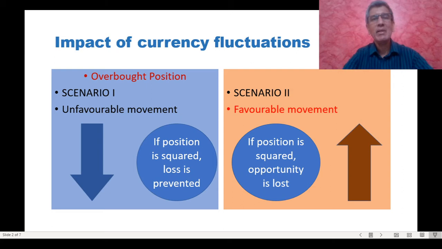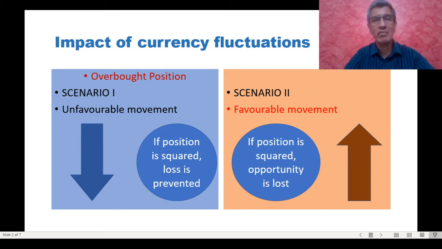Now, risk means uncertainty, and uncertainty means that currency fluctuation may happen either way, in a favorable direction, or there could be an unfavorable movement of exchange rates. So, if the currency fluctuations happen in an unfavorable direction, then the bank would obviously incur a loss and it would make sense to square its position.